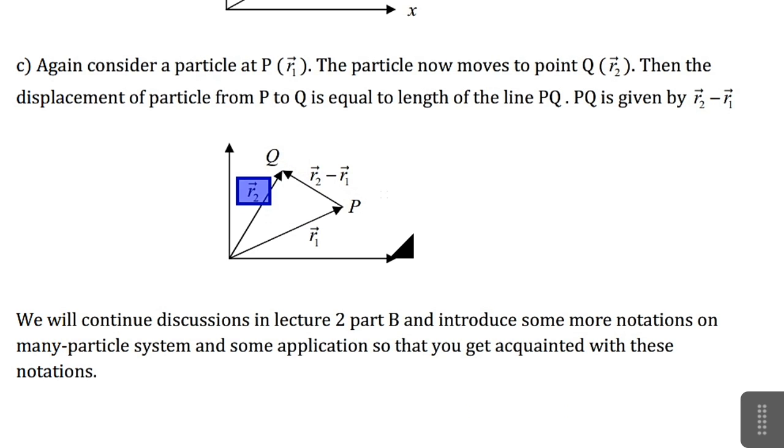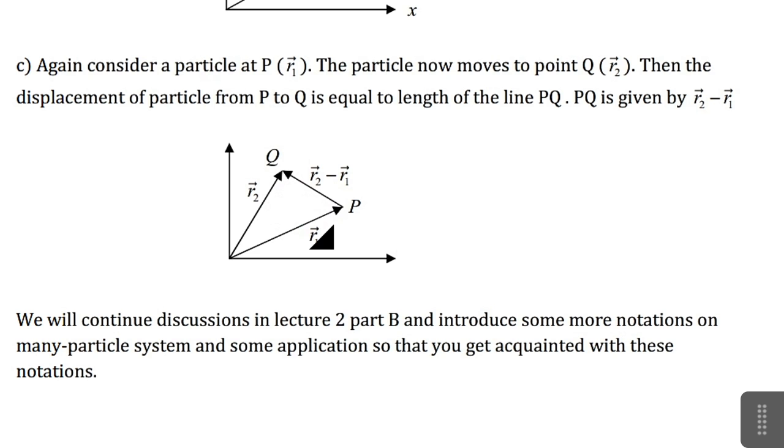Now if the question is asked, by what distance did the particle move from p to q, you have to actually apply geometry. You cannot say, if r2 is 2 centimeter and r1 is 1 centimeter, do 2 minus 1, that is 1 centimeter. This is not a scalar, remember these are all vector quantities.